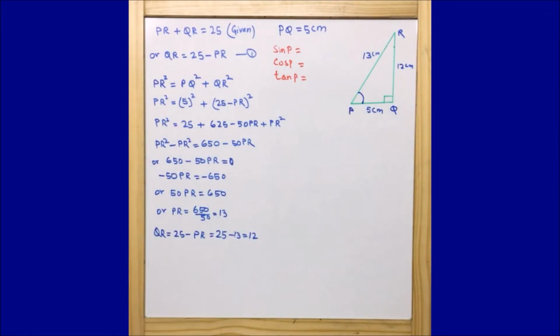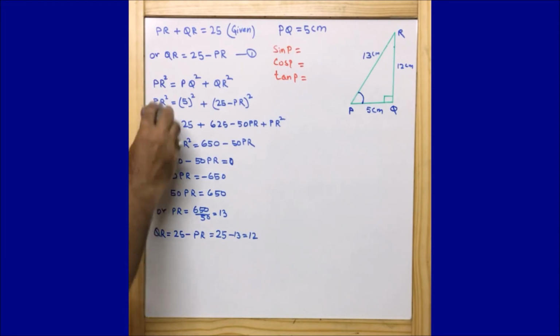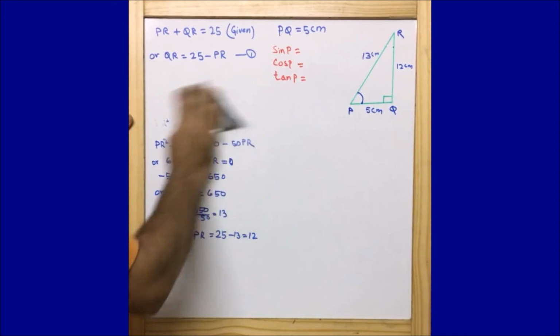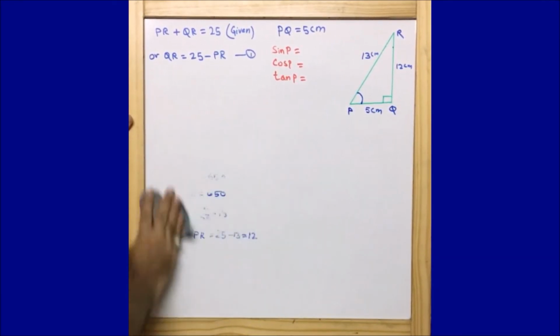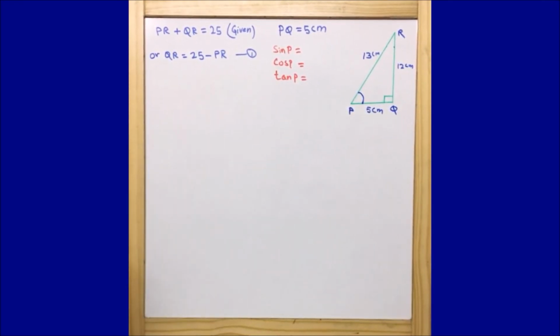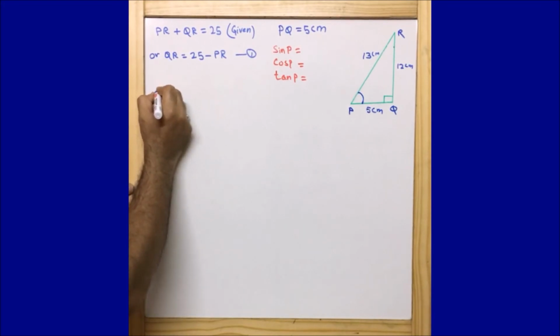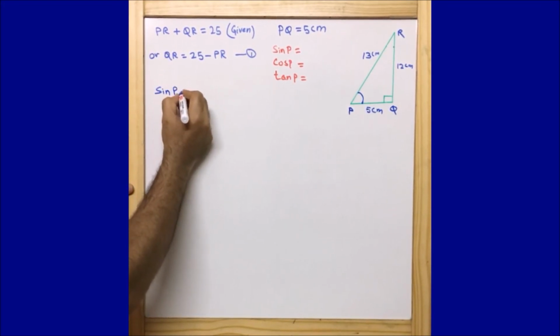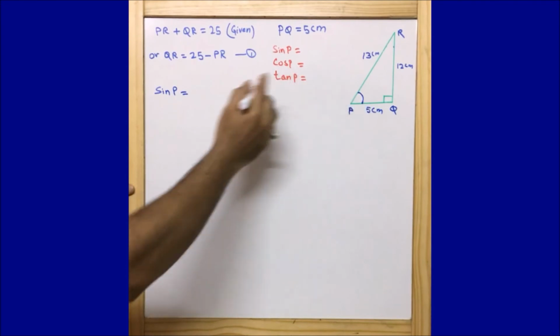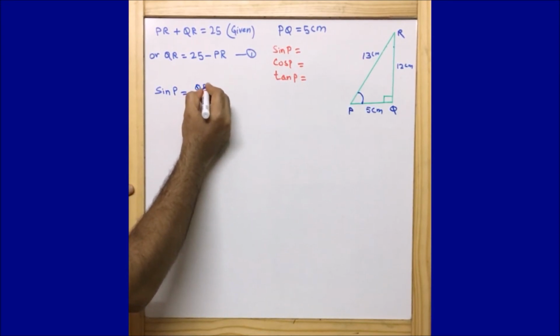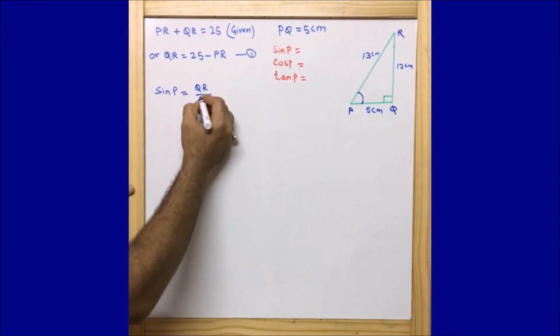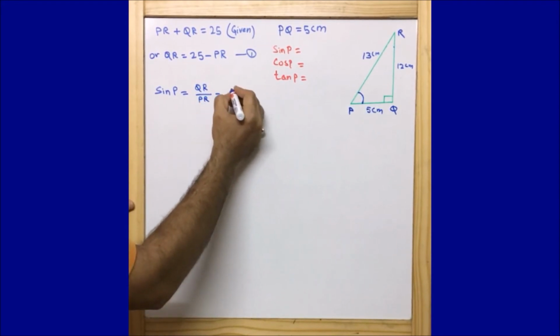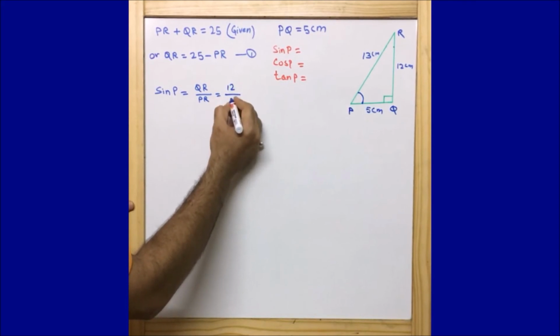Now with these things in hand, let us try to find out the values of sin P, cos P and tan P. So what is sin P here? Sin P is equal to opposite side to angle P, that is QR upon hypotenuse, that is PR, that is equal to QR is 12 centimeter upon 13 centimeter.